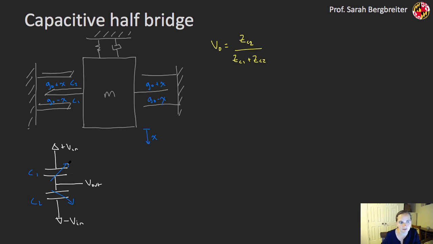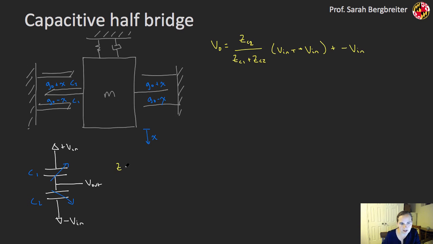So the impedance of the bottom over the impedance of the sum. And because I don't have ground here, I actually have to do my Vin minus whatever that negative supply is, in this case negative Vin. So these things are going to add, and then I add my negative supply as well, so minus Vin at the end here.